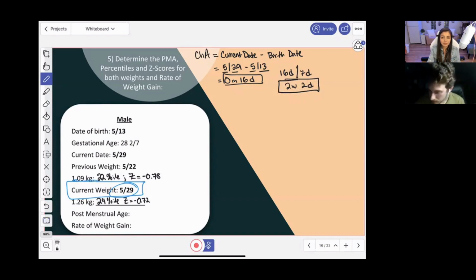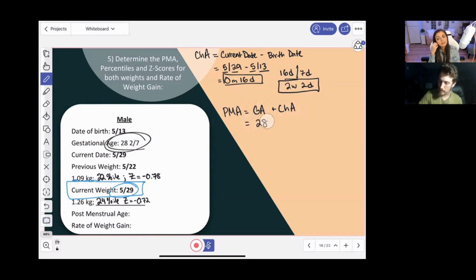So let's go ahead and calculate the postmenstrual age. That's going to be the gestational age over here plus the chronological age, which we just found out. So we're going to do 28 and 2/7 plus 2 weeks and 2/7. Remember, these are not necessarily fractions, although here you can think of them as fractions, but try to think of it as weeks and days.